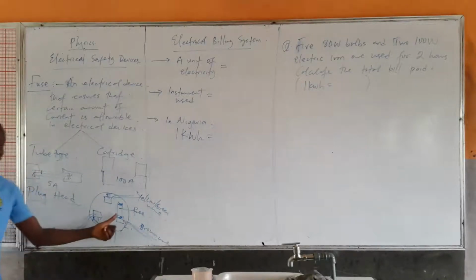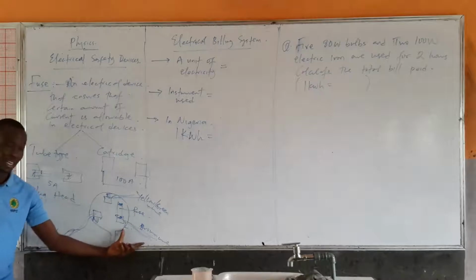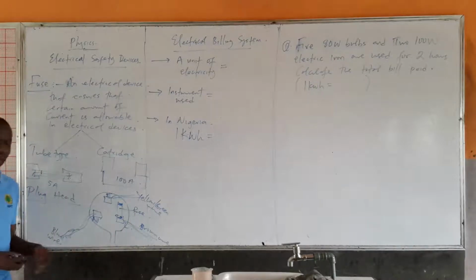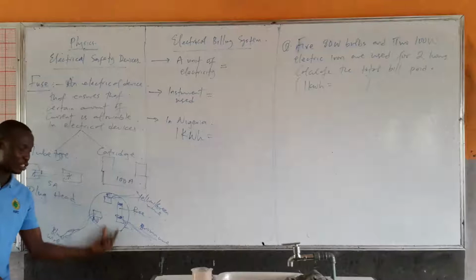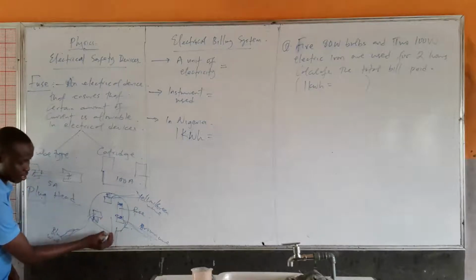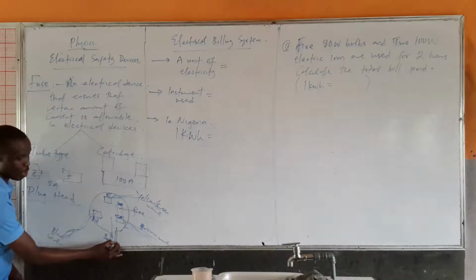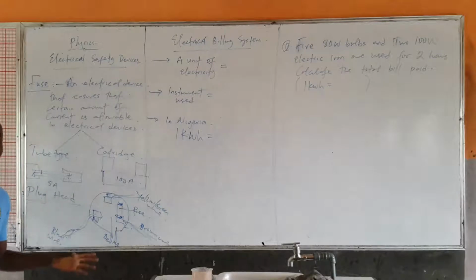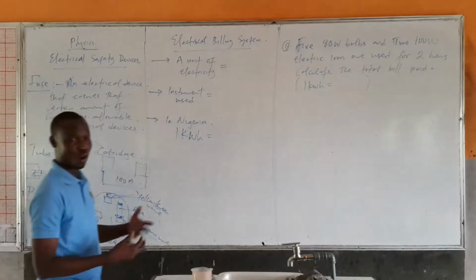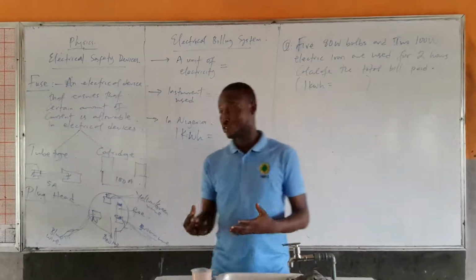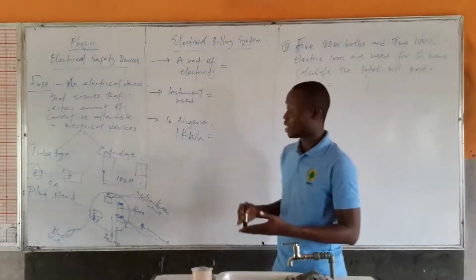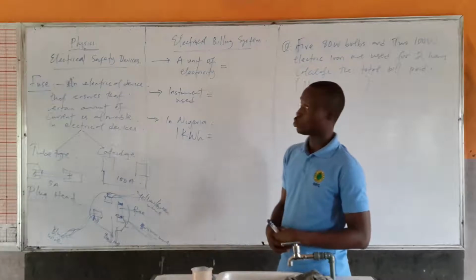Now, the reason why the fuse is connected to the live terminal is to ensure that certain amount of current is only allowed into your device. This one goes to the device which you are protecting. So the fuse is very, very important in installation of electrical devices generally, so that they won't be damaged when the current exceeds a particular amount.